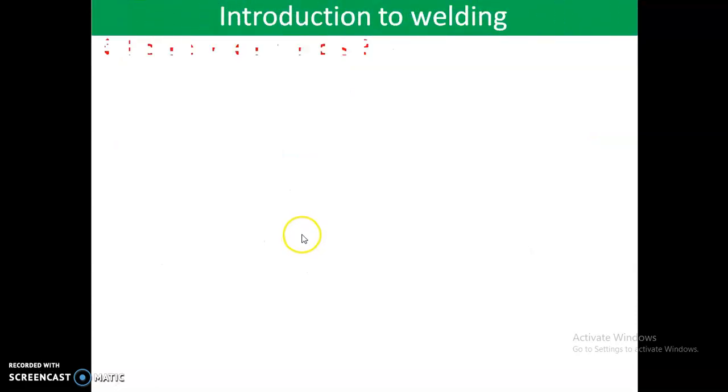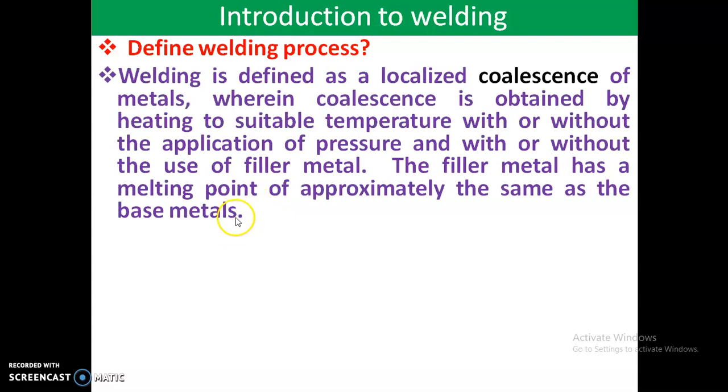Welding is defined as a localized coalescence of metals, wherein coalescence is obtained by heating to a suitable temperature with or without application of pressure and with or without use of filler metal. The filler metal has a melting point approximately the same as the base metal.